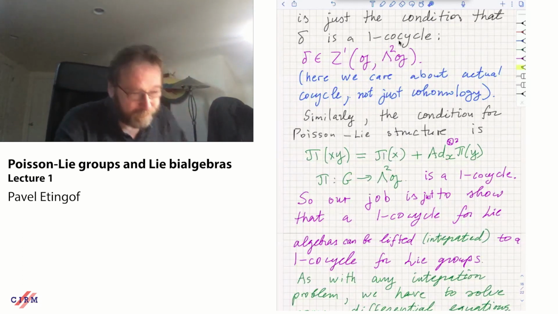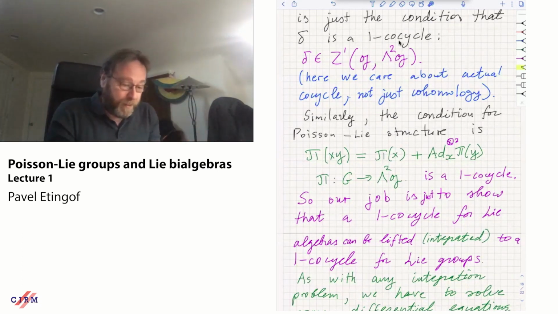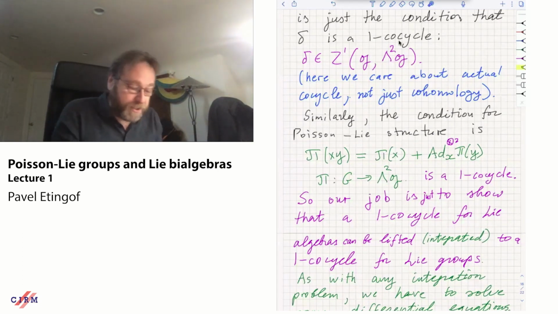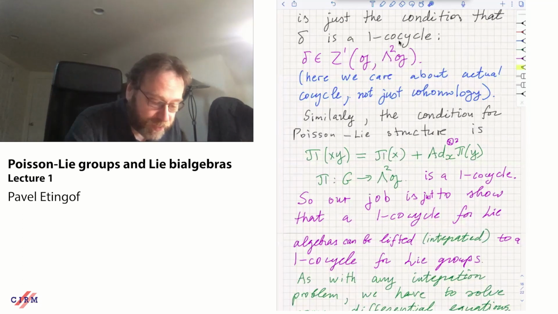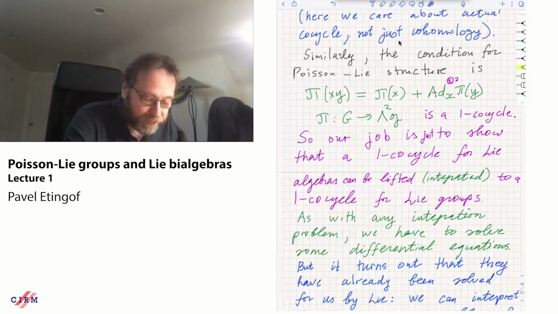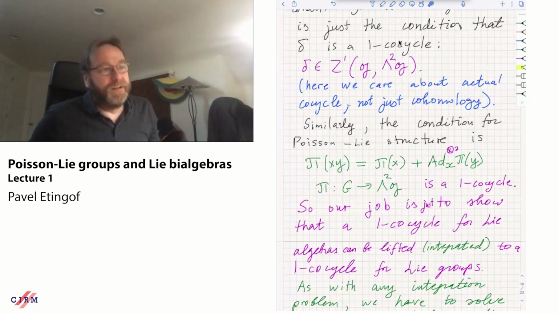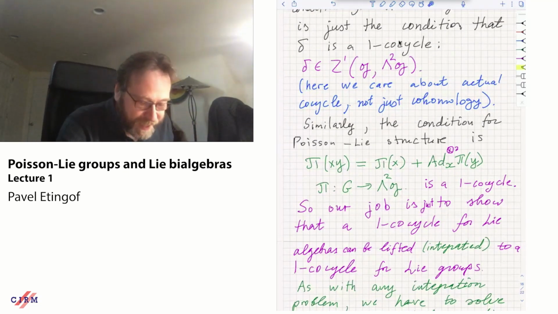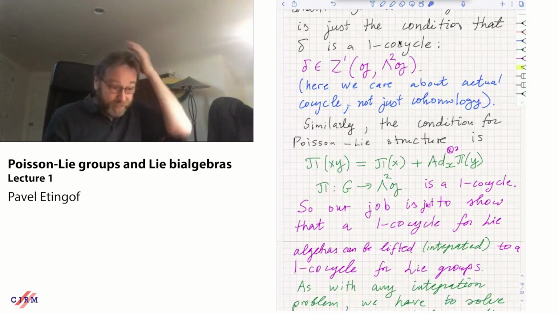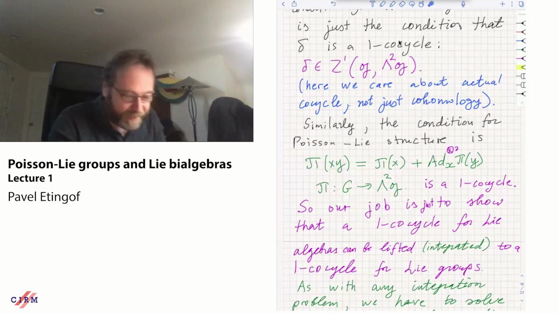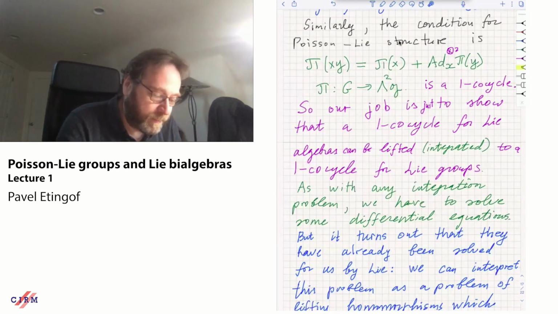And so this is an integration problem, and any integration problem of this sort is really about solving some differential equations. It turns out that you can solve them directly. This is done in my book with Schiffmann, for example. But actually, in this case, the equations have already been solved for us by Sophus Lie again. That's because we can interpret this problem as a problem of lifting homomorphisms.